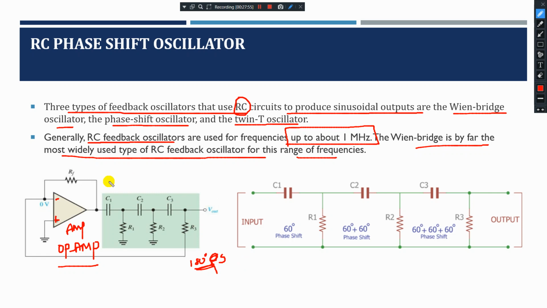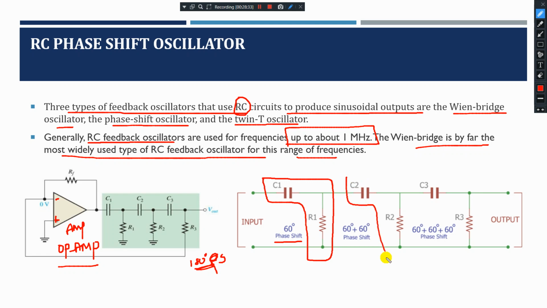So here we are using three capacitors, C1, C2 and C3, and three resistors, R1, R2 and R3. All are the same. For the first tank circuit, with the R and C combination, there is a 60-degree phase shift for your output.